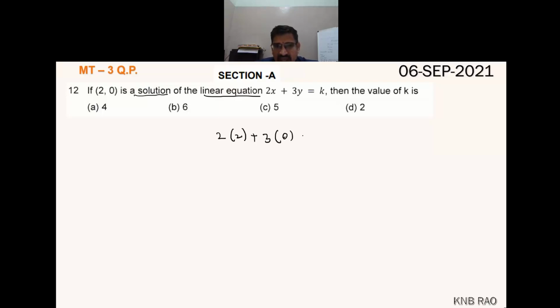So here 2 of 2 plus 3 of 0 equals to k is going to give you k value. So 2 2s are 4 plus 3 zeros are 0. 4 plus 0 is 4. This is the value of k. So right answer is A. Have you understood this question?